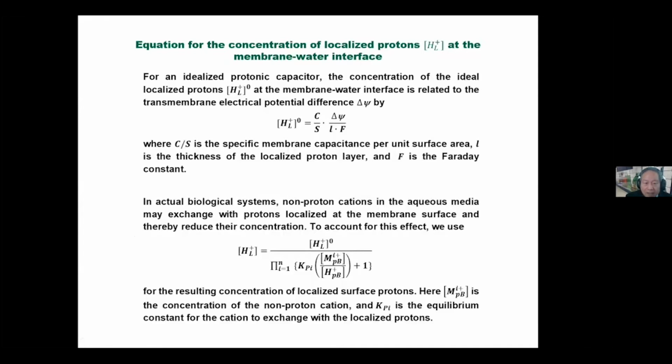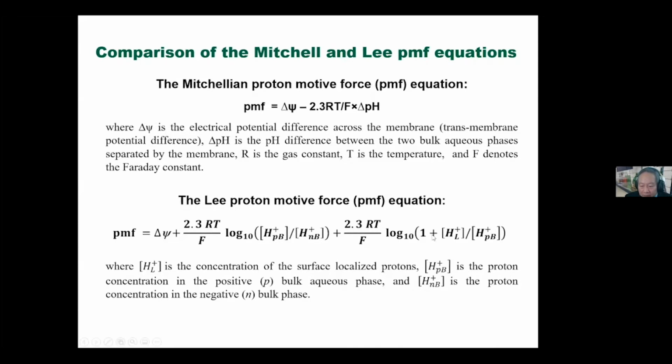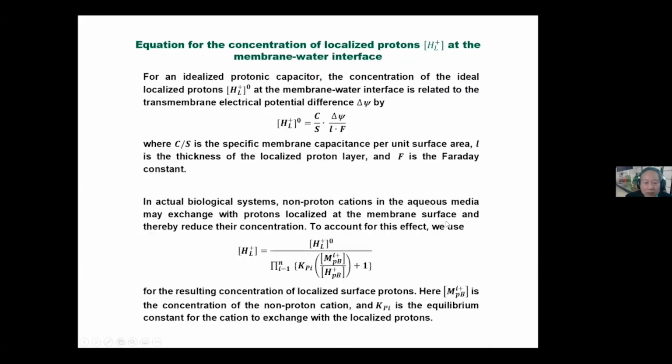So my idea to quantitatively express this thing actually came from here. We understand the protonic capacitor. Now, if it is a protonic capacitor, we should be able to borrow the electric capacitance equation to use here, right? That's the whole idea.